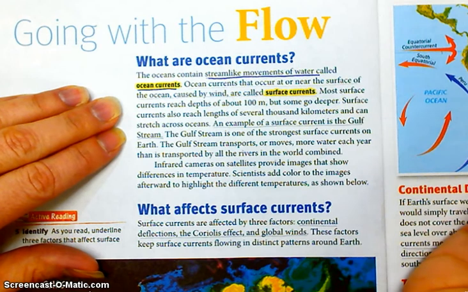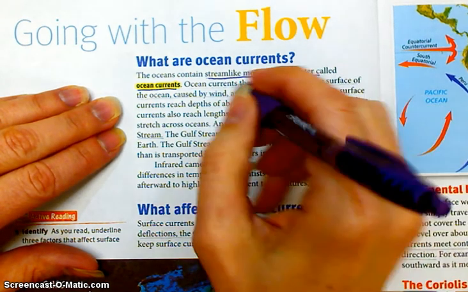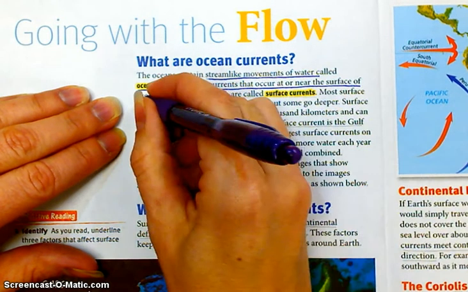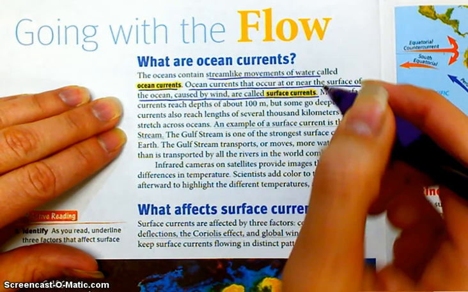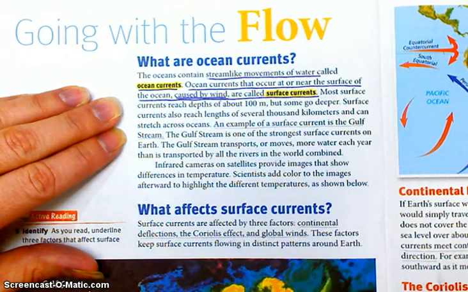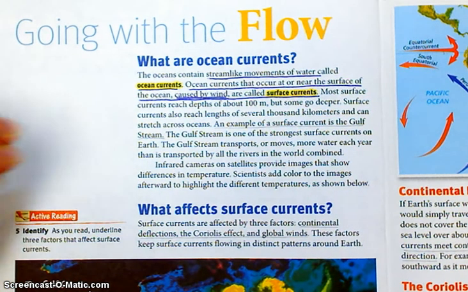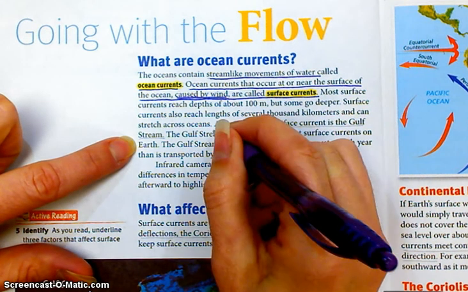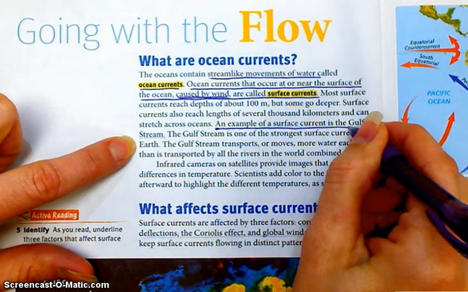Ocean currents that occur at or near the surface of the ocean are surface currents. Kind of makes sense. And surface currents are caused by wind. Okay? An example of a surface current is the Gulf Stream.